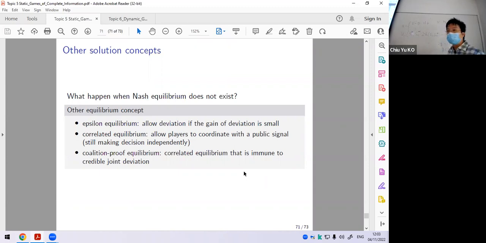I allow an epsilon margin of error when we decide whether to deviate. And you can choose how big the epsilon is.